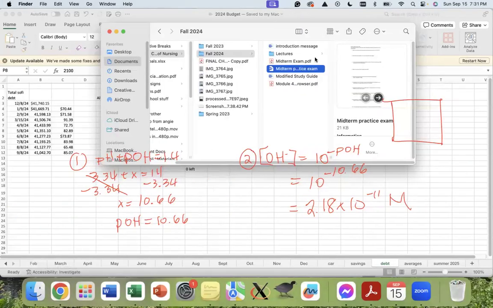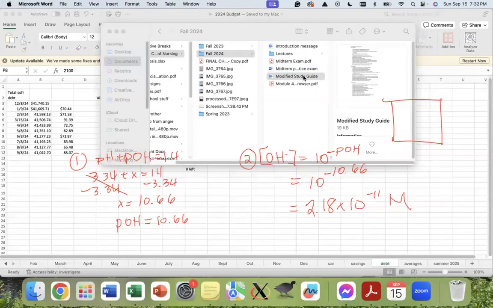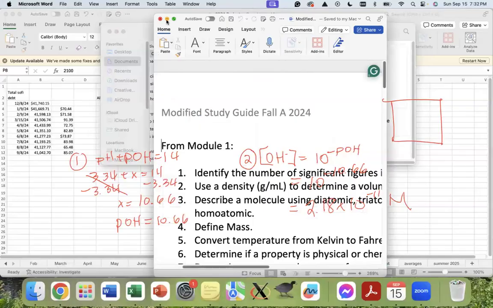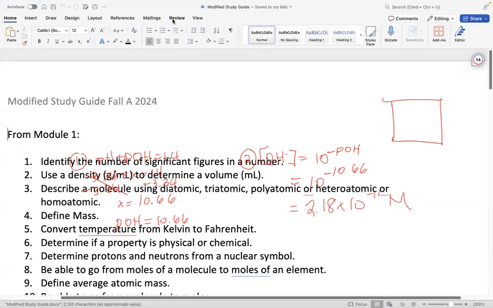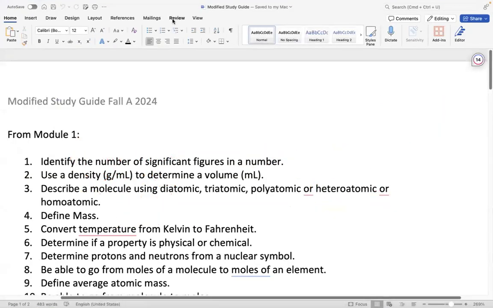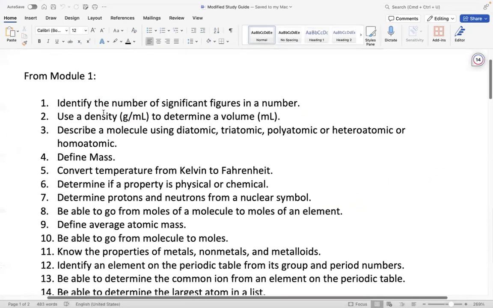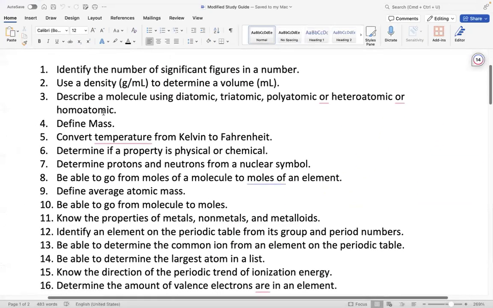How about I pull up this modified study guide and let's just run through it. All right, so from module 1 or lecture 1, we practiced identifying the numbers, we practiced using density. Oh, we did not practice this.